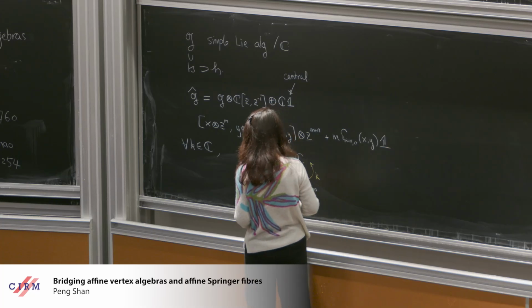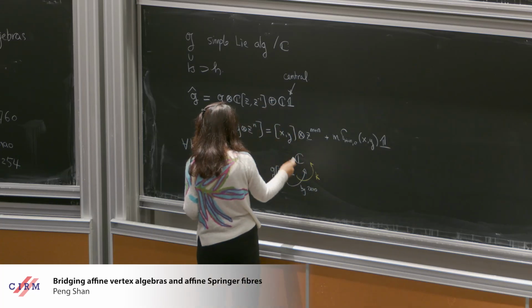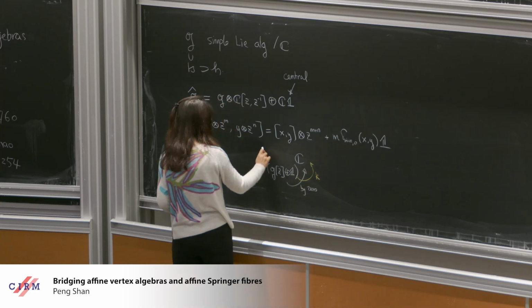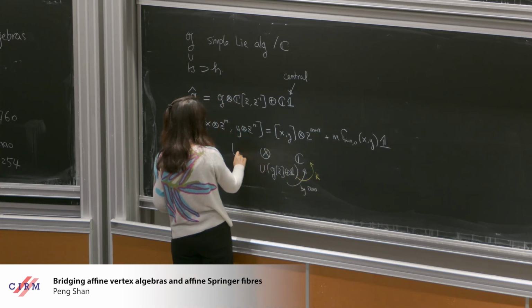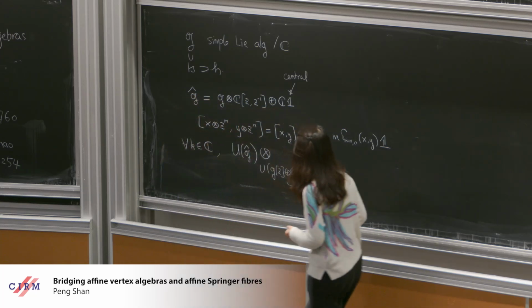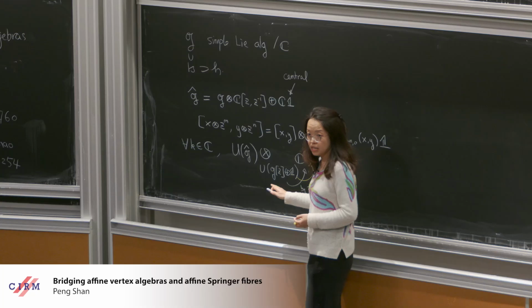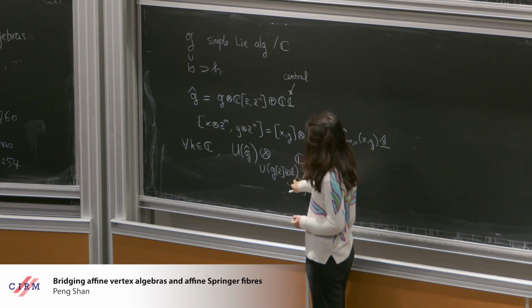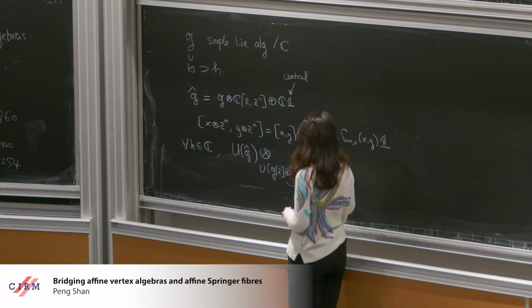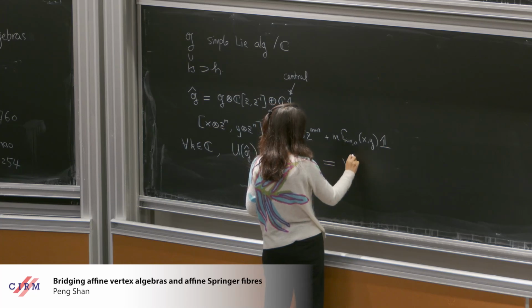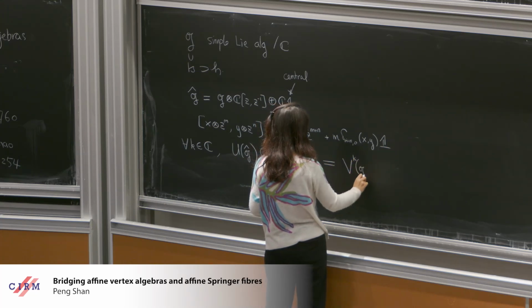This is a representation of this subalgebra, and I can induce it to the enveloping algebra of the entire affine Lie algebra. This is a particular g-hat module of level k. Level means the scalar by which the central element acts, and we denote this by V_k(g).